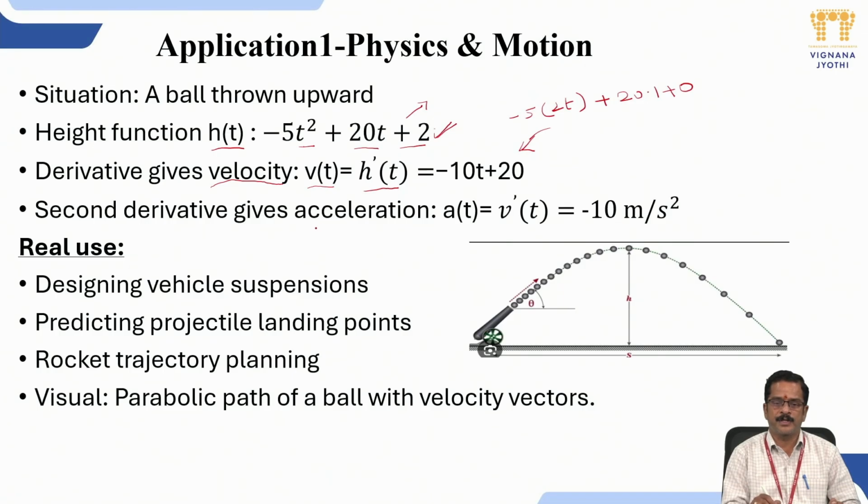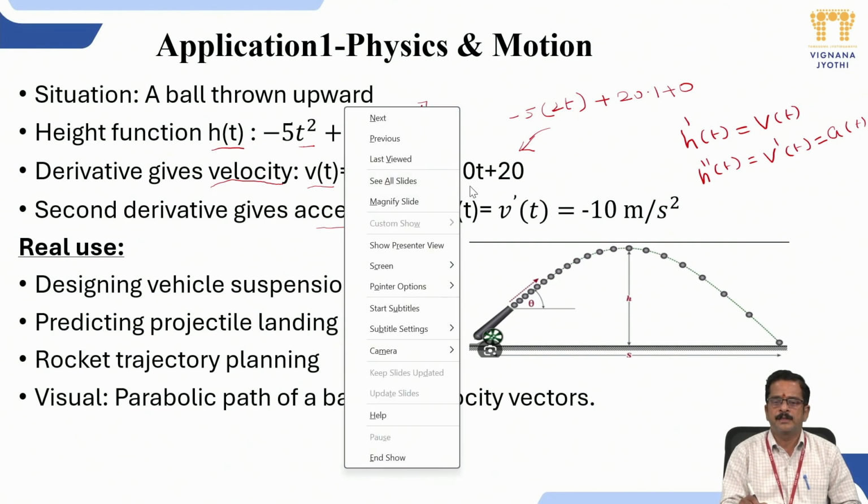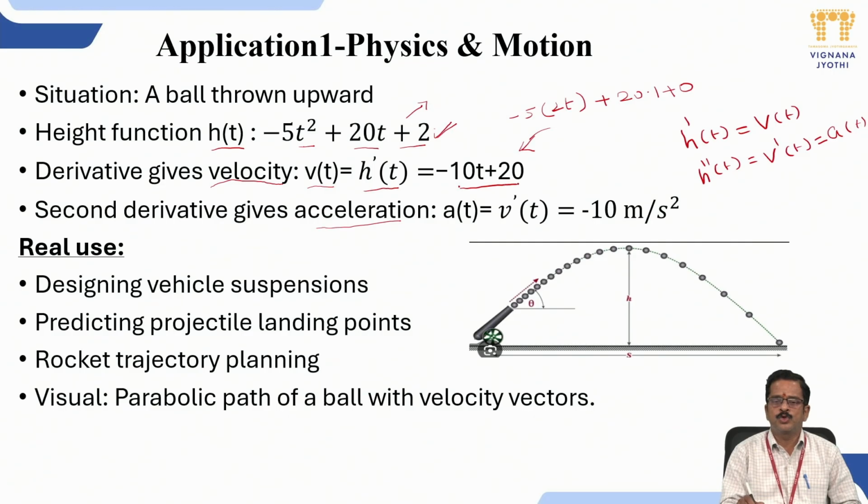It gives the acceleration. So the first derivative of h of t gives velocity, and the second derivative of h of t, the first derivative of velocity, gives acceleration. The second derivative is going to be minus 10, because the differentiation of minus 10t plus 20 is minus 10.